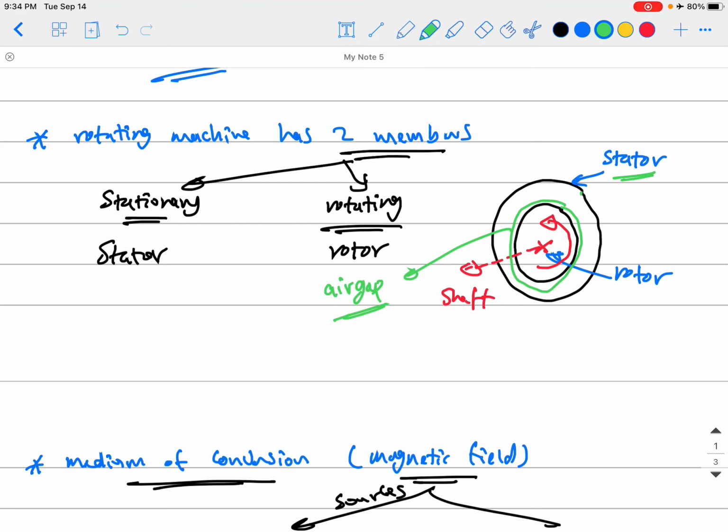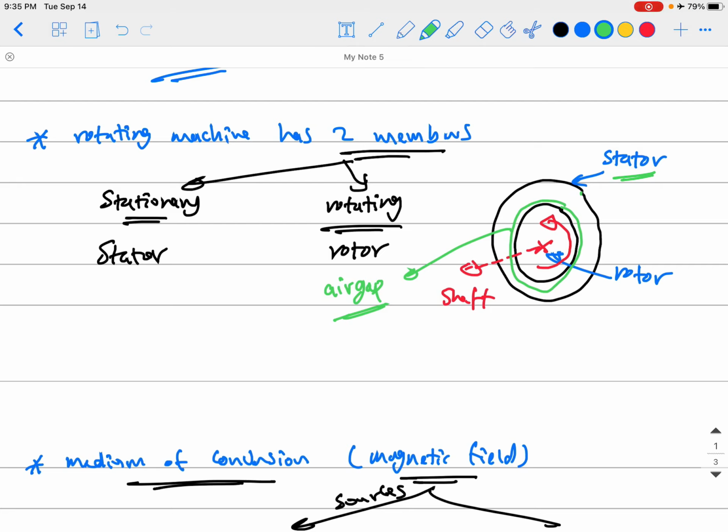If this is a motor, then this shaft will transfer the mechanical energy that has been developed inside the motor to the outside, and then you can attach to this shaft anything you want to rotate, whether it's a fan, a pump, any kind of production line you want to drive, or a car, if you're talking about an electric car.